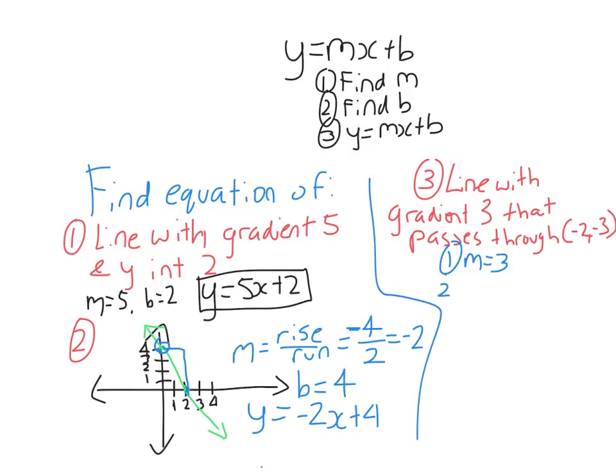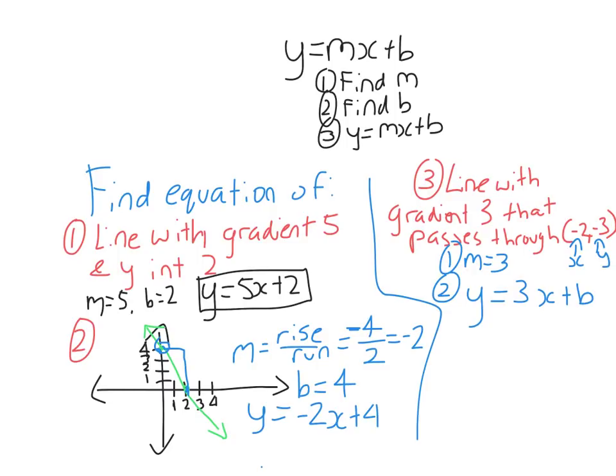Well, what you do is you take your equation y equals mx plus b. You substitute the value you found for m. So we just found that m was 3, or we were told it. Now, we substitute x and y, and this comes from the point. So the x value here is -2, y is -3.